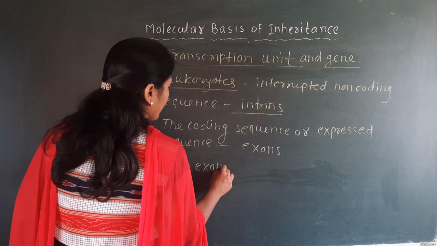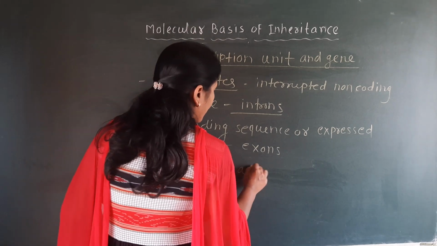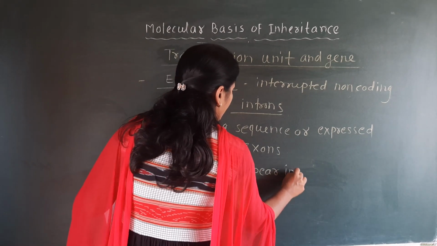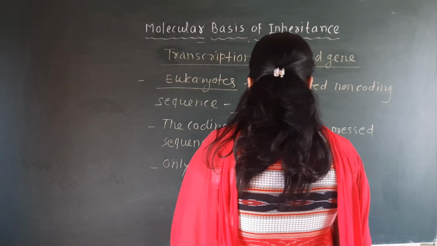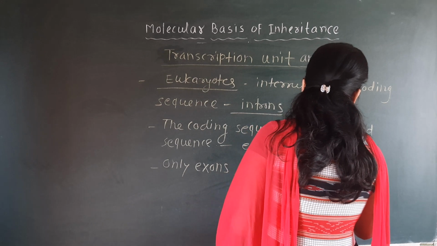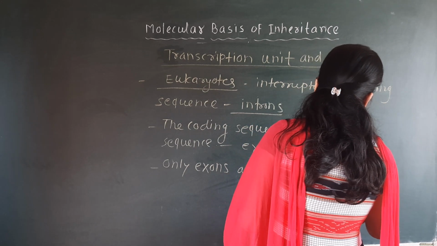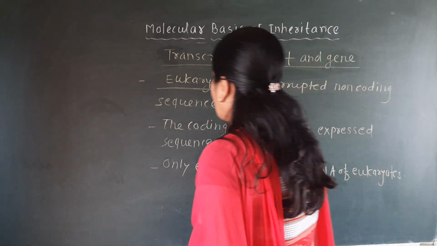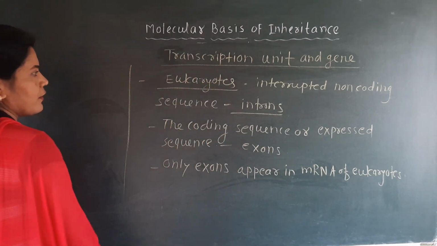Only exons appear in the mRNA of eukaryotes. These three points are also important.